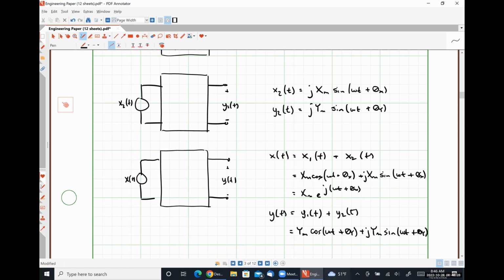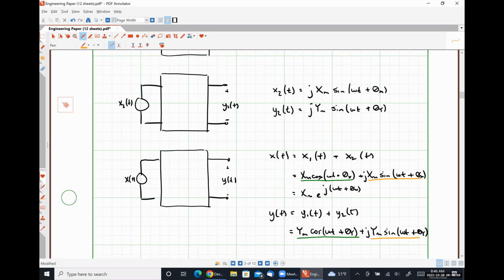And I could obviously convert this into a complex number as well, but I'm going to leave it like this for a very important reason, okay? The real part of our input signal gives us the real part of our output signal. The imaginary part of our input signal gives us the imaginary part of our output signal.